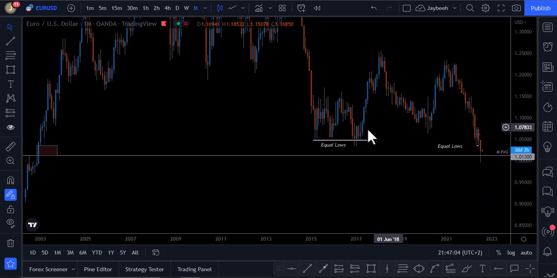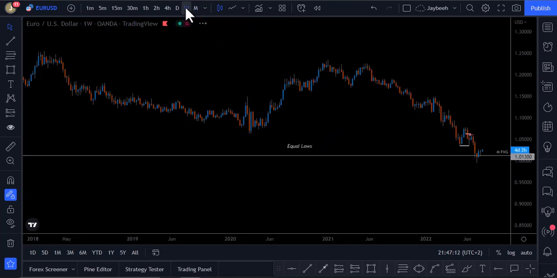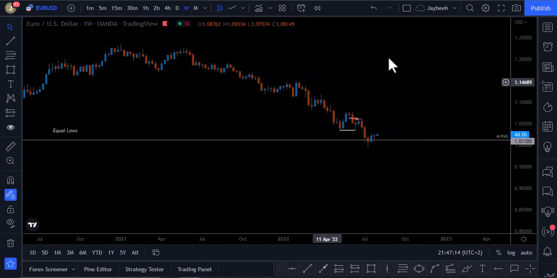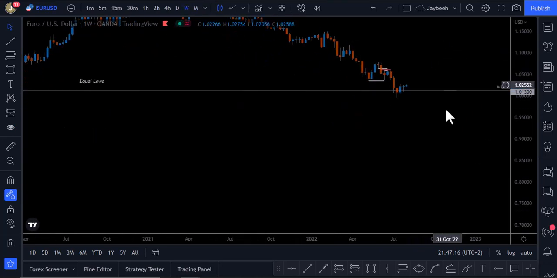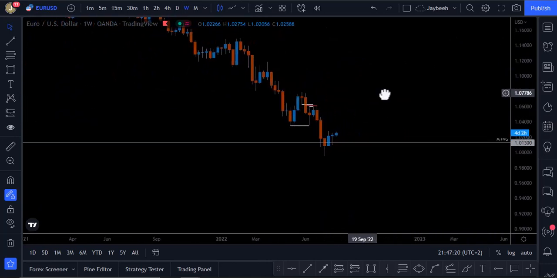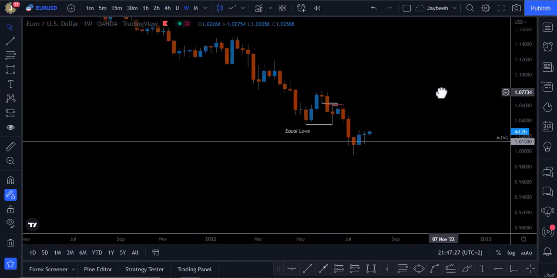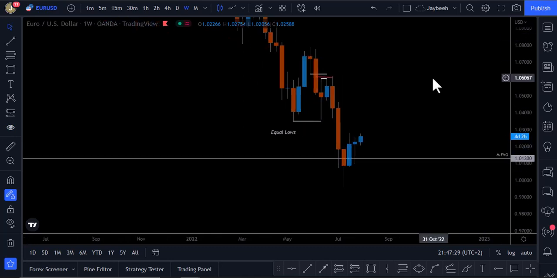So this is my monthly time frame, and I will go to the weekly so that I can explain everything clearly and show you how I took this trade. I will zoom in so that my chart will be clean and clear.